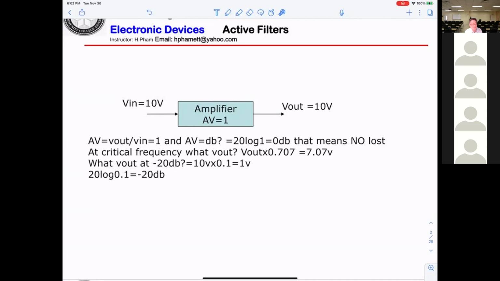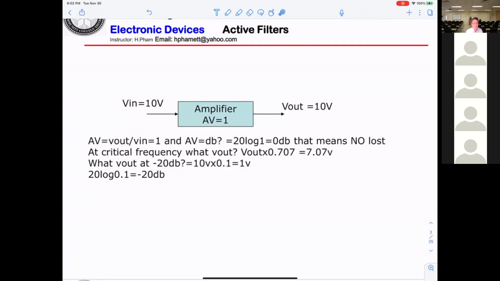At the critical frequency, the output will go down to 0.707, that means 70.7% of the input. So if you get an input of 10 volt, at the critical frequency, it goes down to 0.707. You take V in times 0.707, you get 7.07 volt.